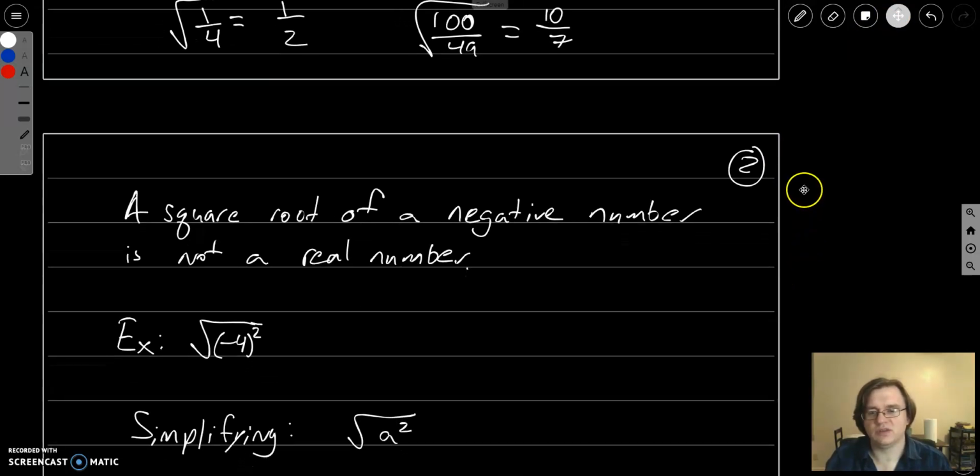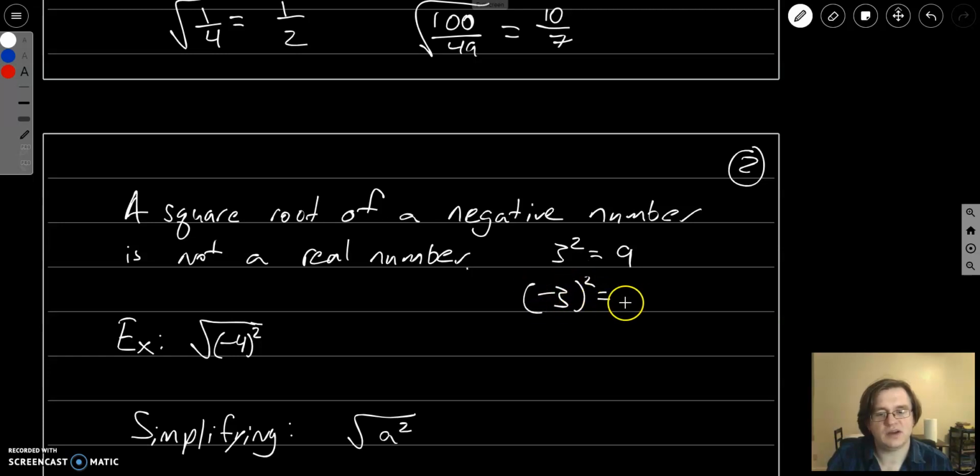One thing to notice is that we're not taking the square root of any negative numbers. This is because the square root of a negative number is not a real number. If you take any positive number, so for example 3, and you square it, we'll get another positive number. If we take a negative number and we square it, we still get a positive number.